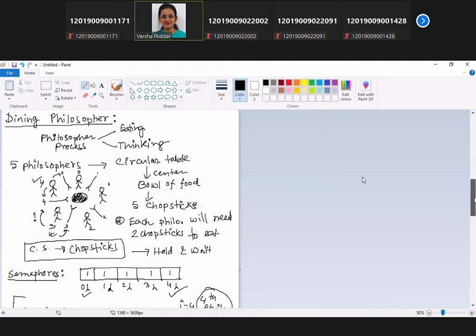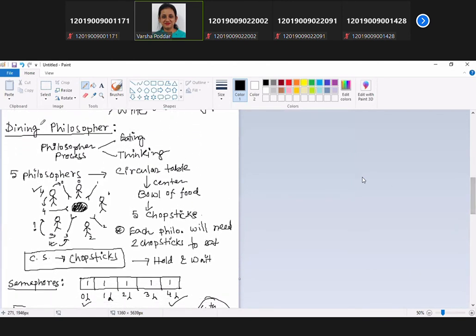Again, just briefly, in the dining philosophers problem, two processes are ongoing. One is the eating process, one is the thinking process. While I'm eating, I'm not allowed to think. While I'm thinking, I'm not allowed to eat. Mutually exclusive. Next, I have 5 philosophers in my problem who are sitting around a round, circular table.